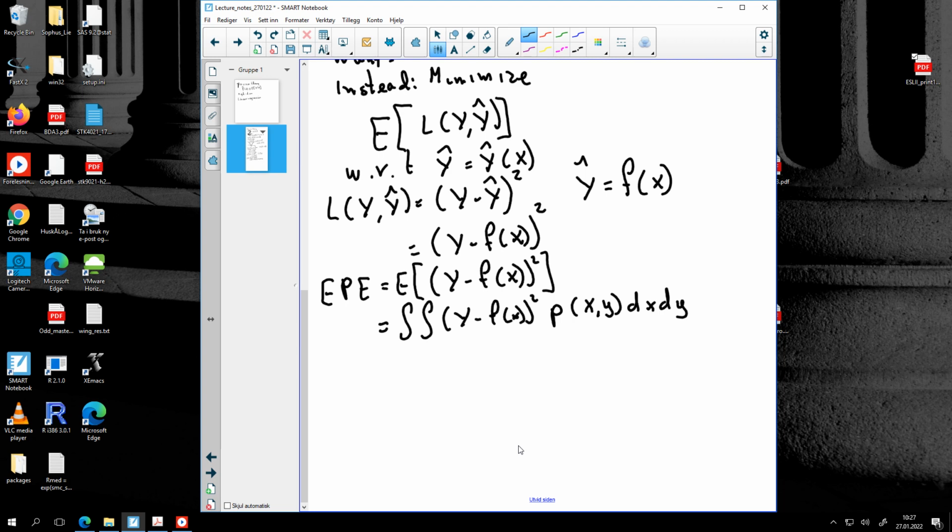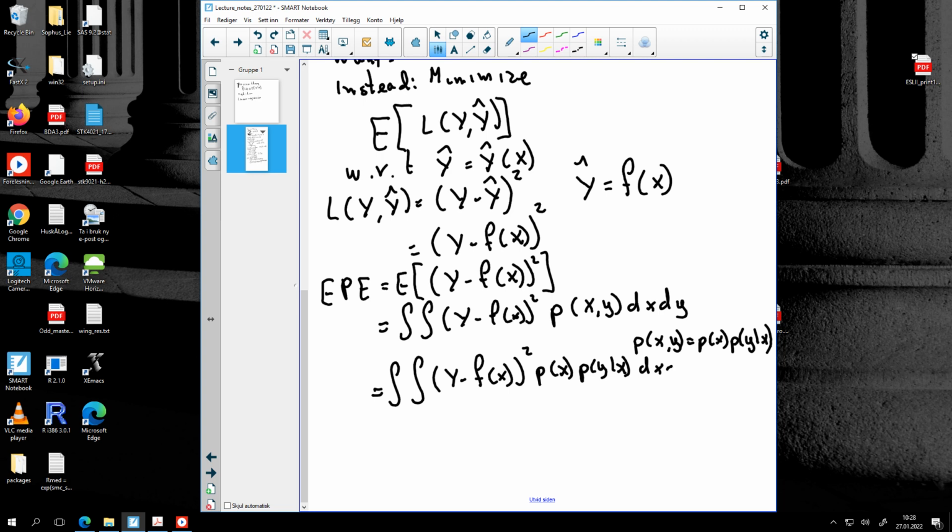But then what we are going to use is that we can always write p of x, y equal to p of x, p of y given x. So it's the marginal distribution of x times the conditional distribution of y given x. Okay, but if we insert that, we can write this as the integral of y minus f of x squared p of x, p of y given x, dx dy.